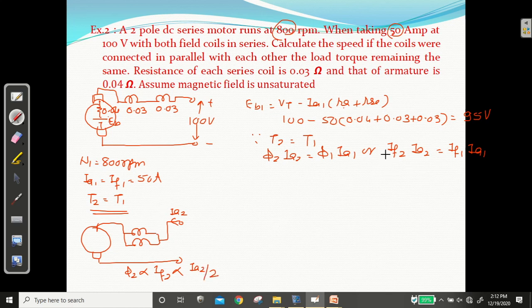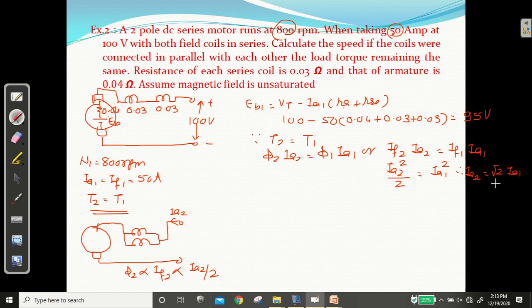IA2 by 2. So IA2 by 2 into IA2. So you will get IA2 square upon 2 equal to IA1 square. From here you will get IA2 equal to what? Root 2 times IA1.